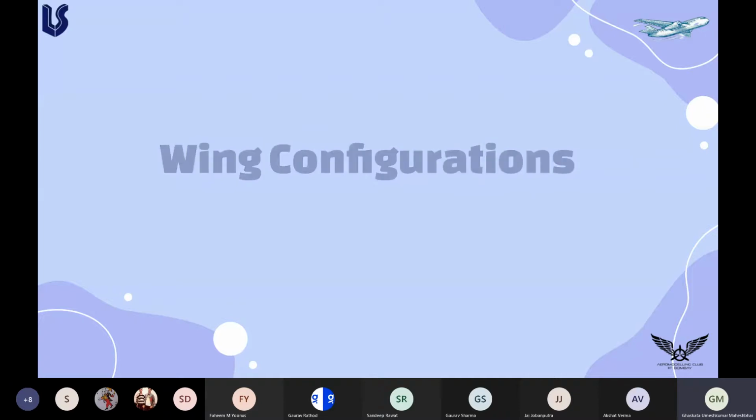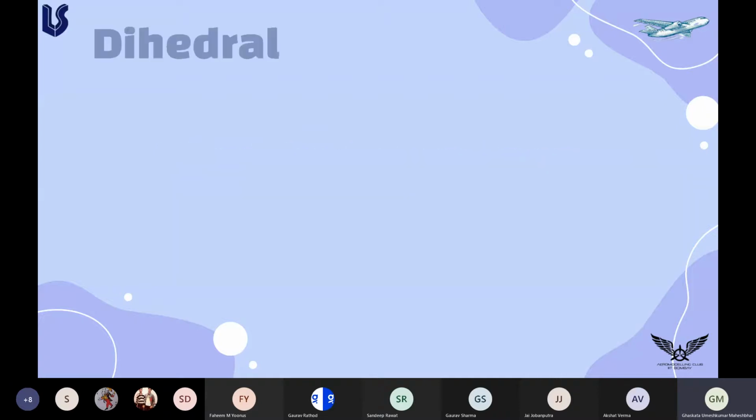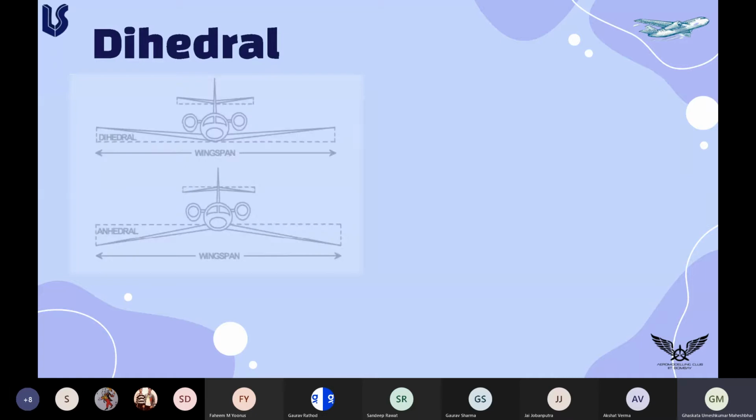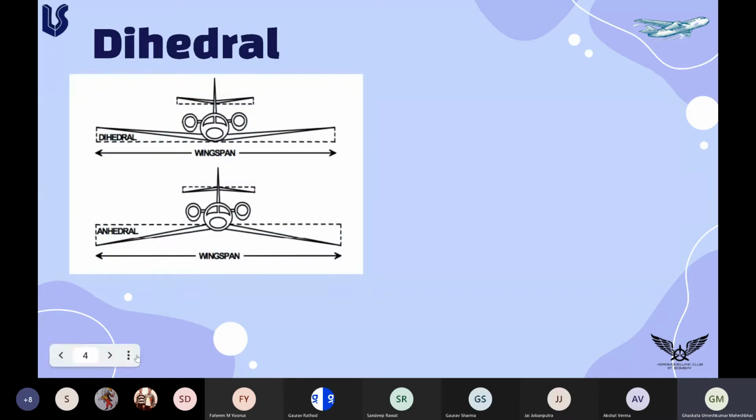So the first configuration is the dihedral angle. Can you see the cursor? As you can see here, this is a front view of an airplane, and the wing of this plane is slightly tilted from this local horizontal.